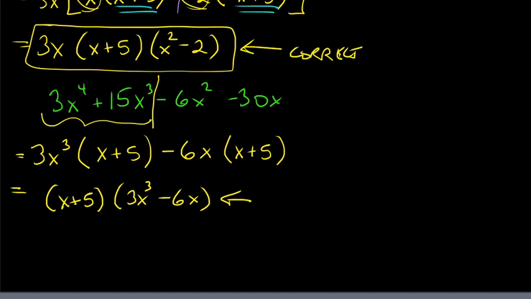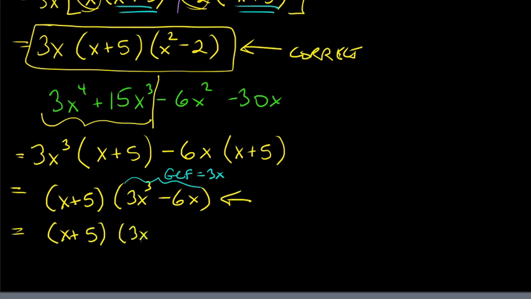So what do we do now? Now we look at this, because here the x plus 5 is prime, but the 3x cubed minus 6x is not prime. This has a GCF of what? Well, a 3 and an x. So now we factor out the 3x from just the second factor here. The x plus 5 is done.